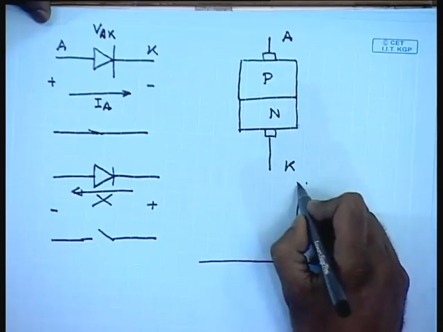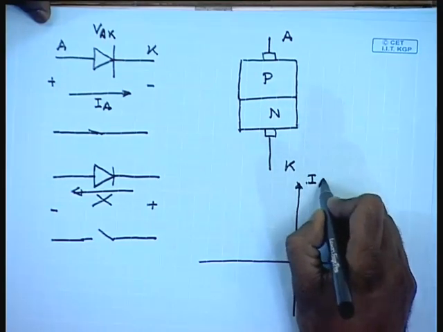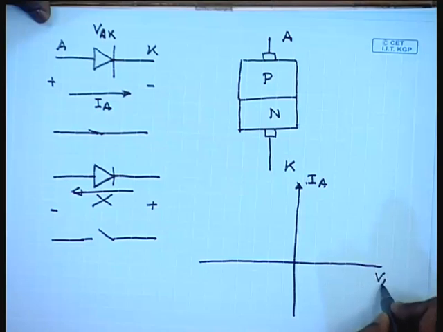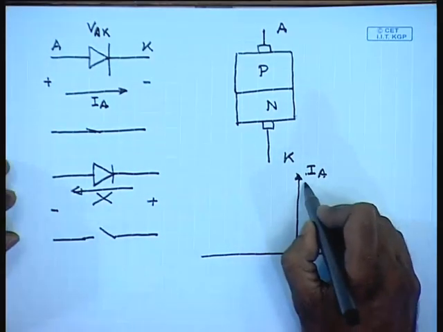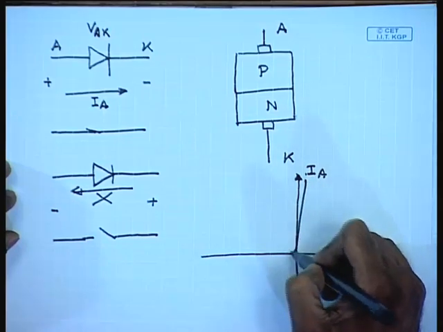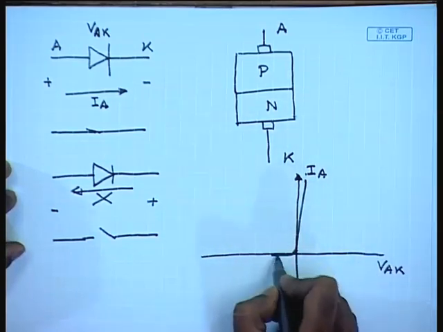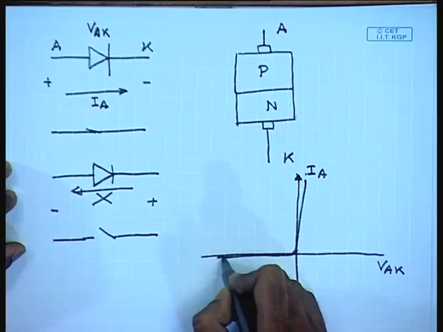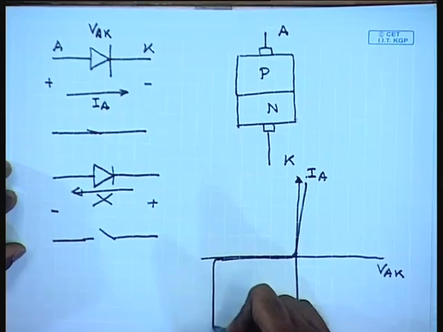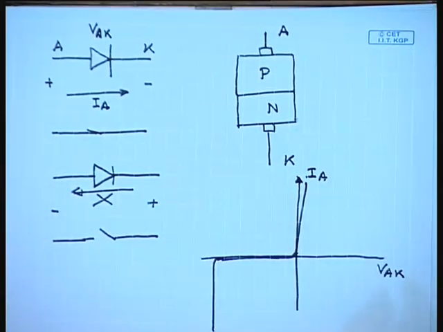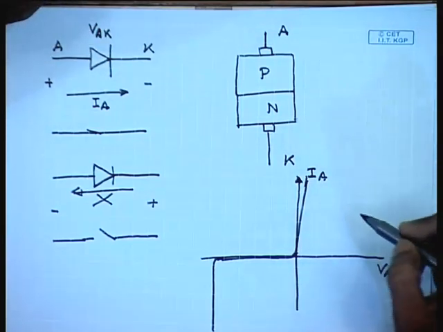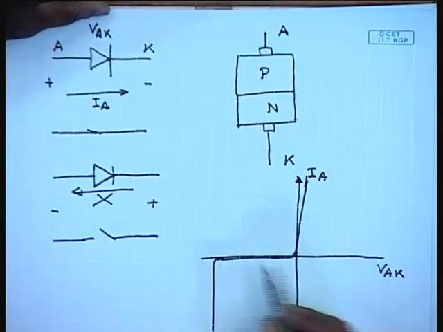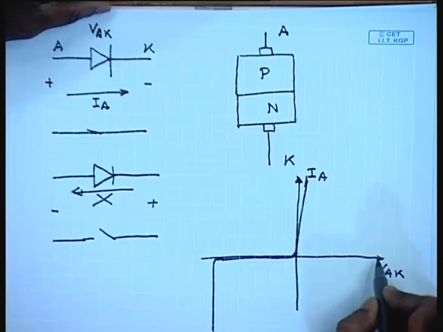In the forward direction, it almost does not have any voltage drop. In the reverse direction, it almost does not carry any current.